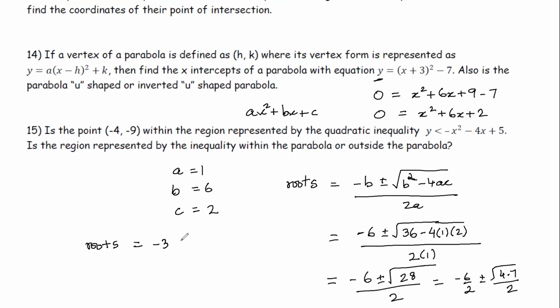Root of 4 is 2, so the 2 and 2 cancel. So the answer is -3 minus root 7 and -3 plus root 7. These are the x-intercepts. And obviously it will be a U-shaped parabola.